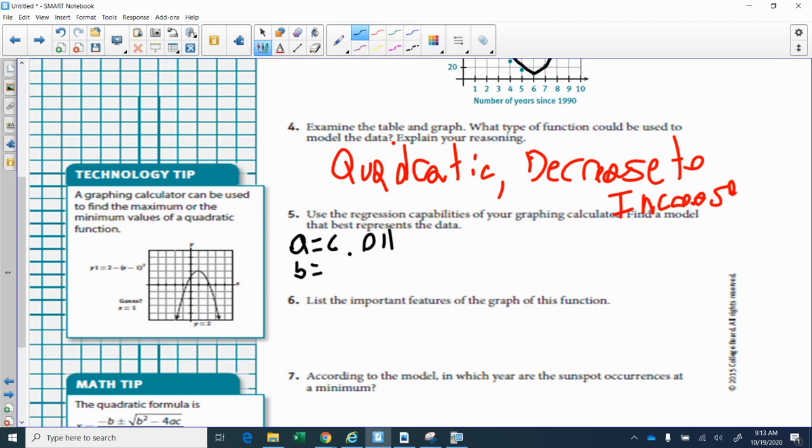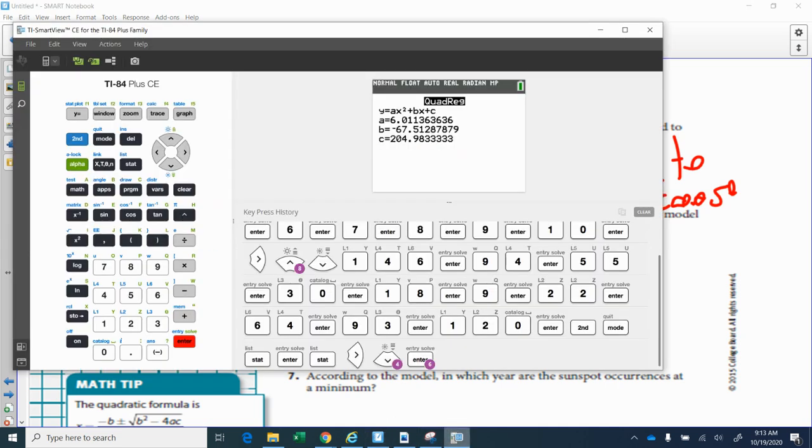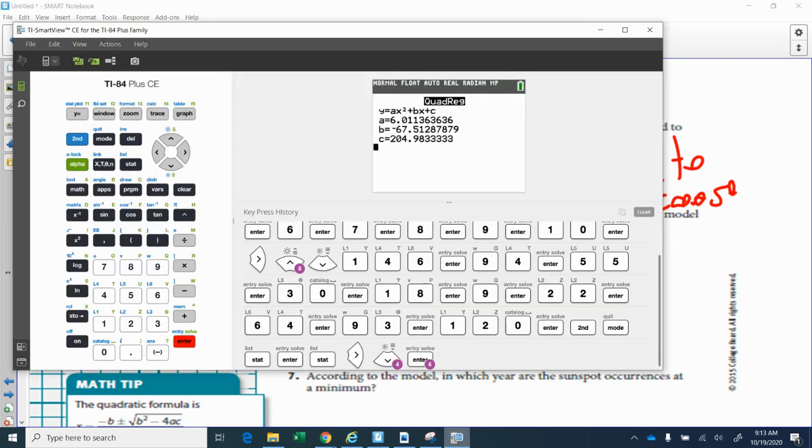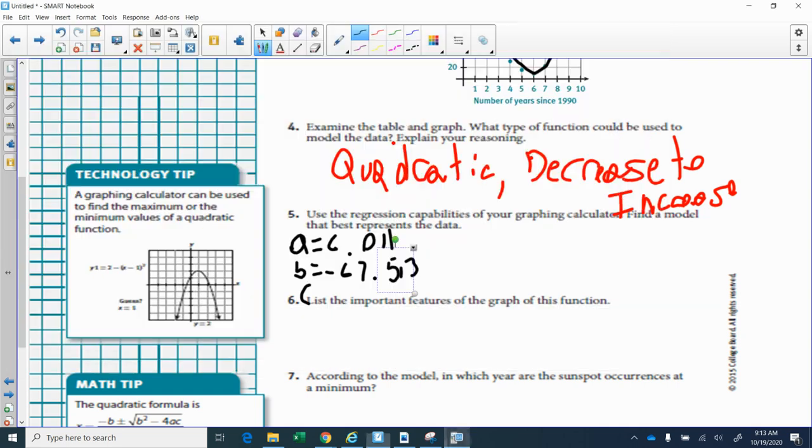My marker got turned off somehow. B equals negative 67.513. And my letter C is going to be 204.983.